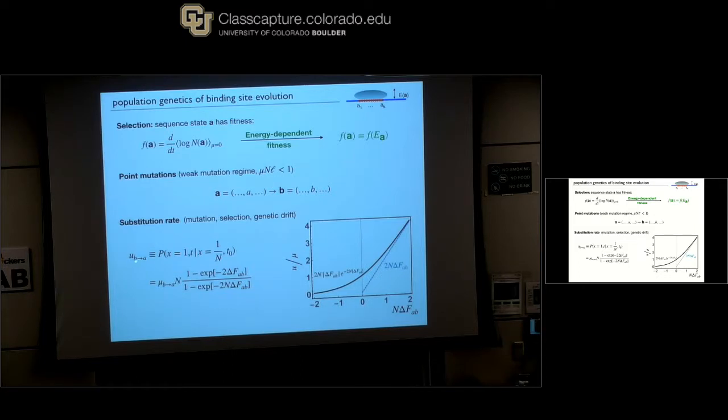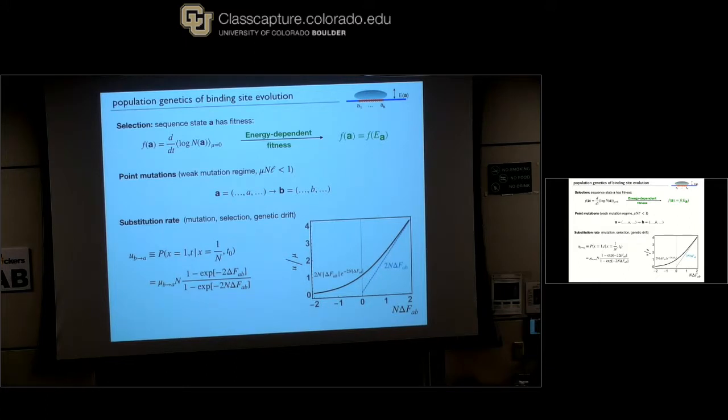So, right, if your fitness of A is larger than B, so delta F_AB is positive, then you tend to transition a lot from B to A. And so in the limit of delta F_AB being large, this formula becomes linear. It'll be proportional to the fitness difference. If delta F_AB is negative, so A is actually deleterious, you're exponentially suppressing that allele in your population. And that's basically this exponential negative tail on this side.